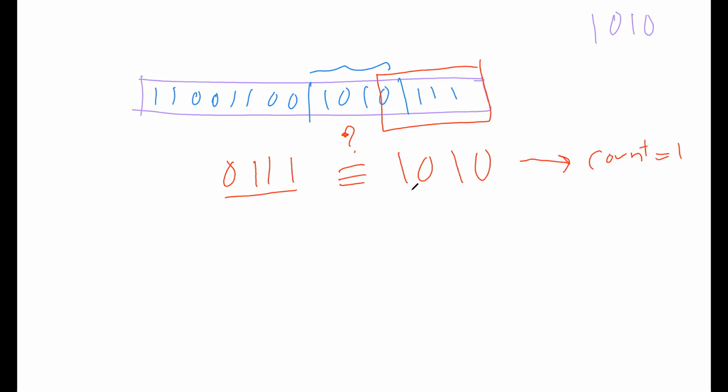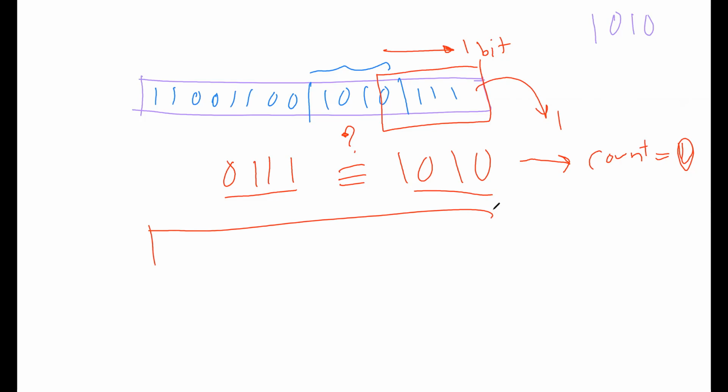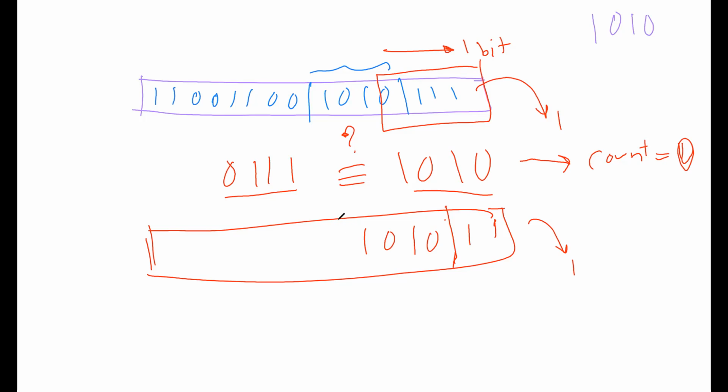For the first case, we see that no, it's not equal, therefore the count stays 0. And then you shift by 1 bit to the right. Therefore, this bit is going to fall off, and your data is going to be shifted. Now your data is going to be like this, with 1 1 falling down in here, and your occurrence is going to be moving 1 bit to the right.